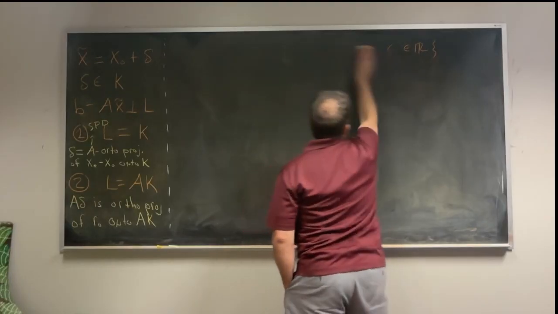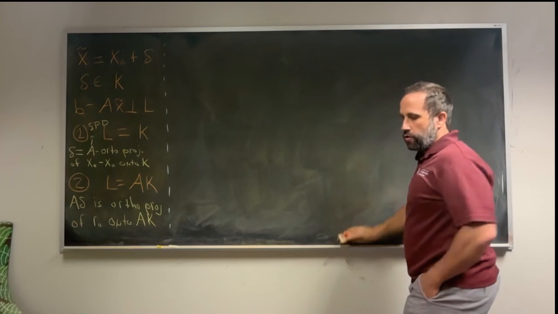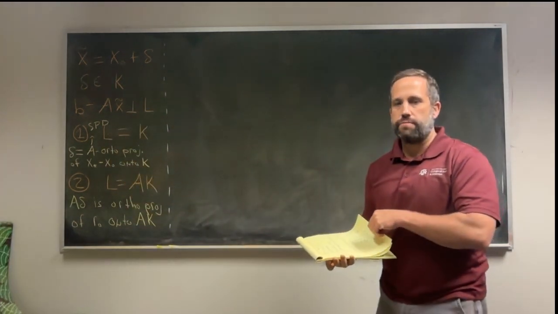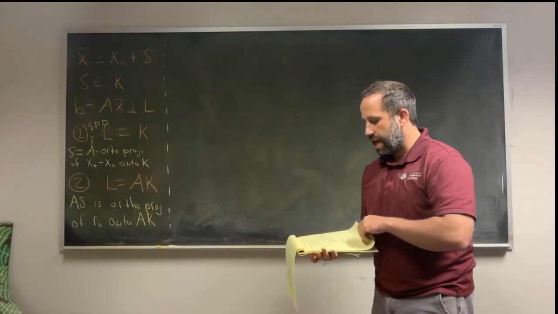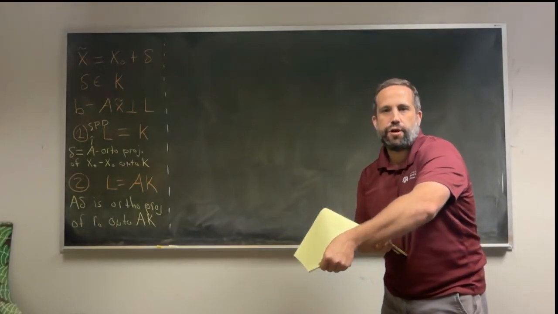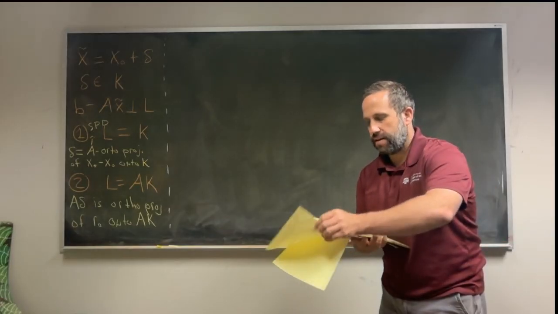I don't remember. Okay. So we're going to look at three different algorithms for different choices of K and L. Maybe I would say not three different algorithms, maybe 2.5 different algorithms. You'll see what I mean by that in a minute.